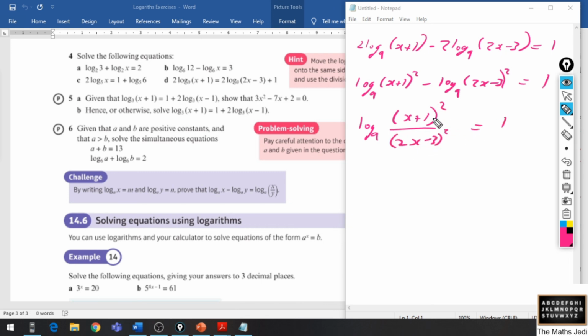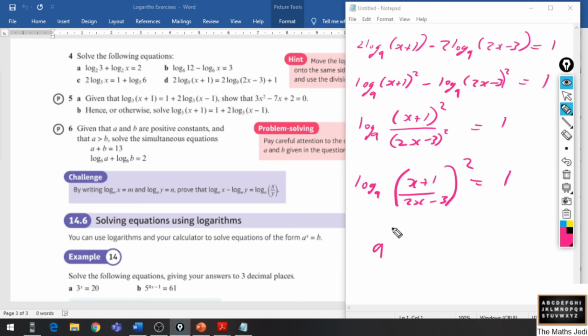Because both things are squared, that's effectively squaring the top and squaring the bottom. So I can write that as one lump. Then using the rules of logs, that's the base, that's the power.